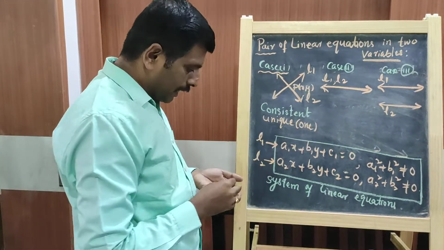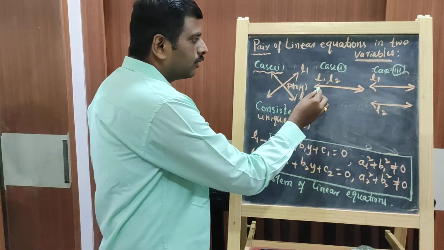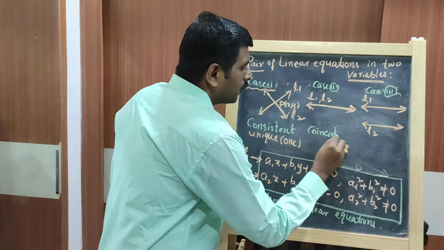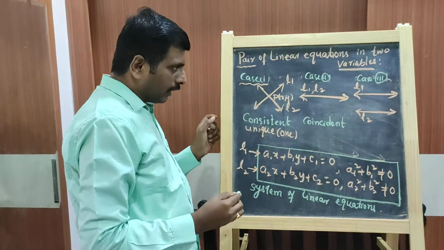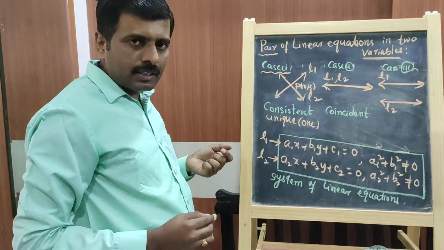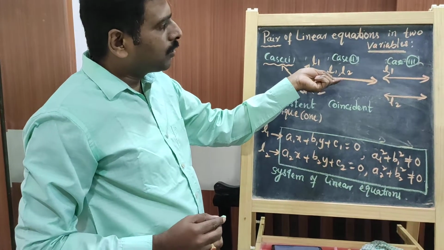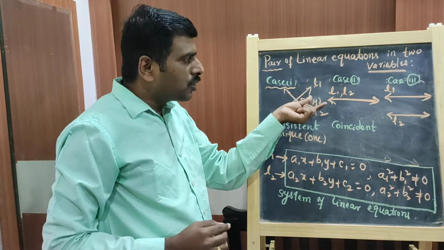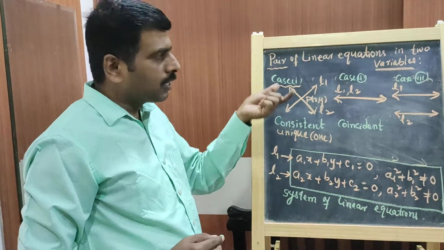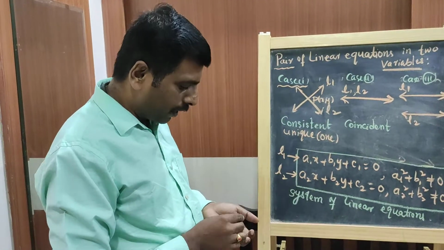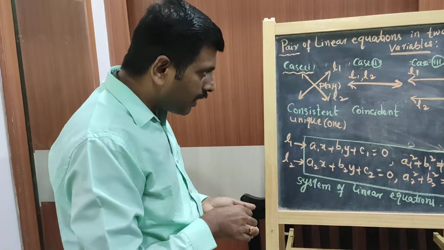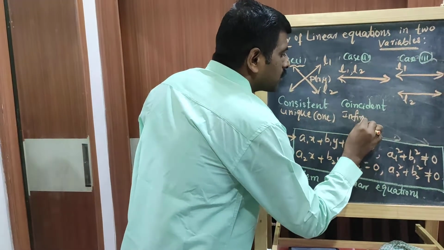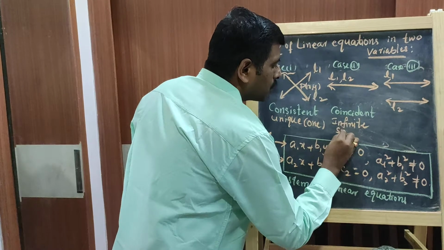Now if we move on to the second case, here the two lines are coincident. When two lines are coincident, how many common points will exist? Absolutely, infinitely many common points will exist. Each and every point on the line is a solution of this pair of linear equations, so it has infinitely many solutions.